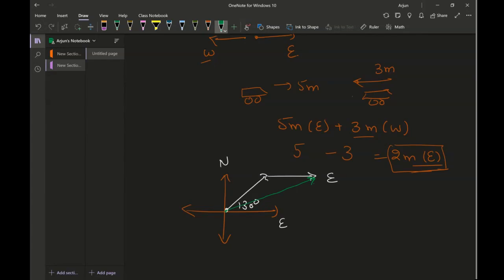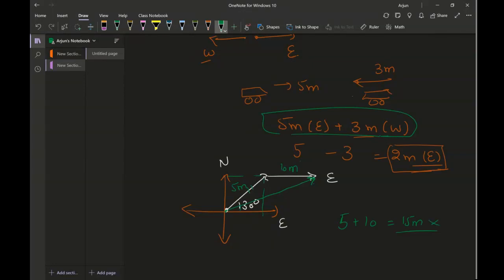Now, I cannot directly add or subtract the vectors in this case. In the earlier case, I was able to directly add or subtract the vectors. When the vectors become 2D vectors, meaning they are covering displacement along the x and the y direction, say this was 5 meters and this is 10 meters, if I directly write 5 plus 10 equals 15 meters along a certain direction, that'll be wrong.